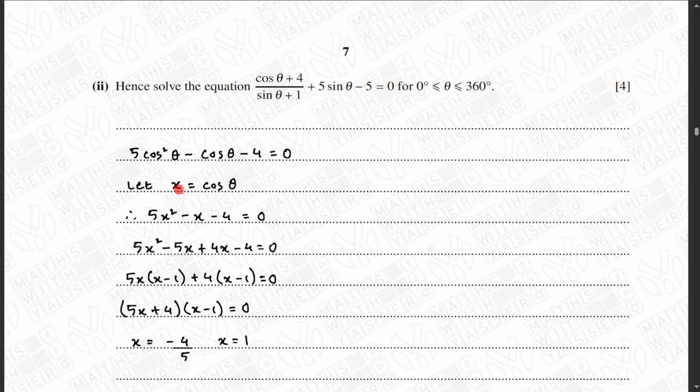To make it simple, we can consider x to be cos theta, and we can write it as 5x square minus x minus 4 equals 0. If we do middle term break, we get 5x square minus 5x plus 4x minus 4 equals 0. If we take 5x common, we get x minus 1, and if we take 4 common, we get again x minus 1. So the factors will be 5x plus 4 and x minus 1 equals 0.